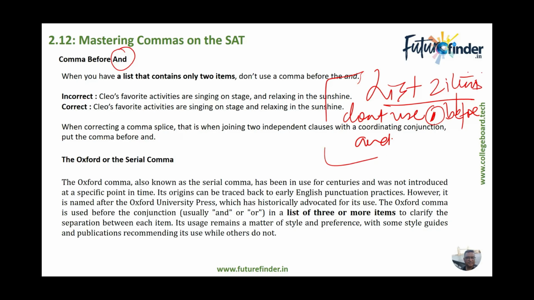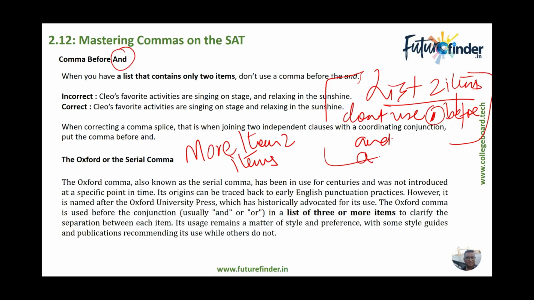Right? The rule is very simple. If you have two items in a list, we don't use a comma before the and. But if you have more than two items in the list, then you always have a comma before the last and.